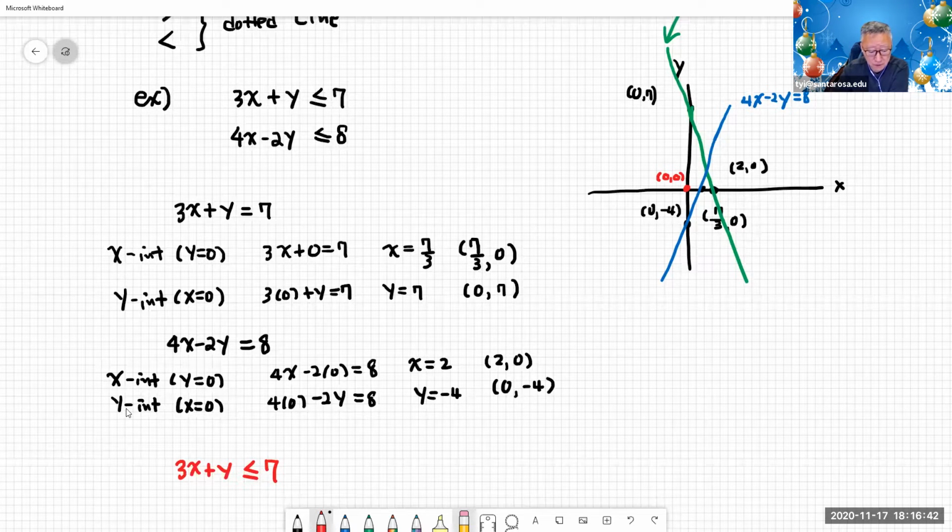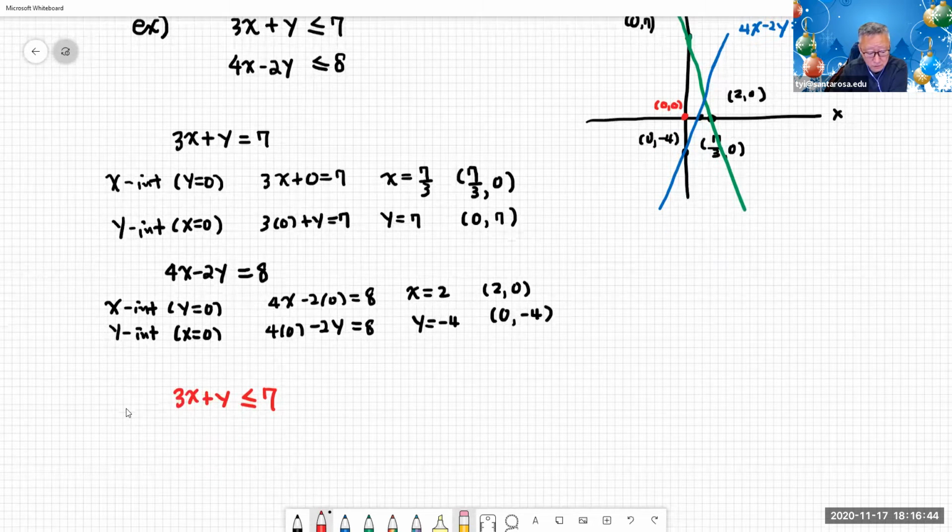If I plug in x equal to 0 and y equal to 0 here, maybe I should use the green, since that's what the green was. So we're going to use (0, 0) for 3x plus y less than or equal to 7.